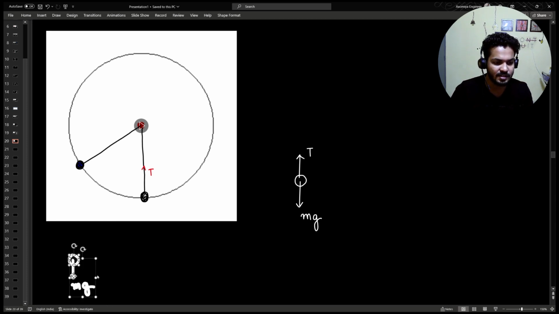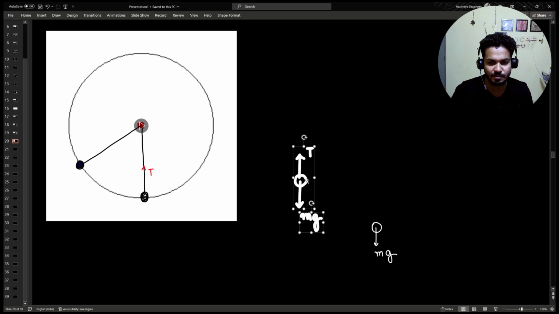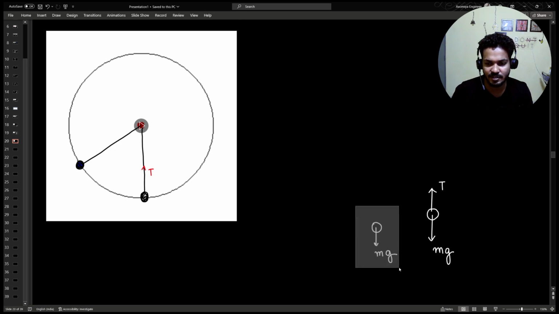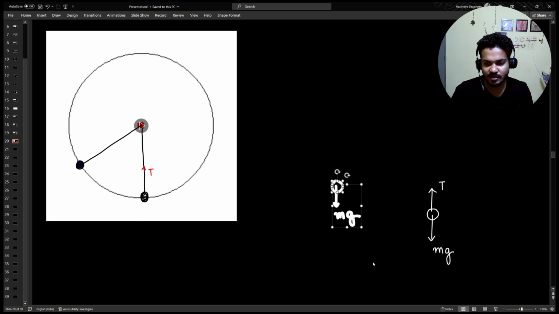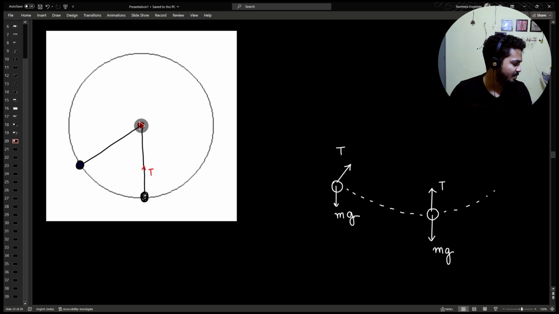It is always acting downwards. So this is the body's location, and this is the circular path. If I make the FBD at that location, you know that the tension has changed. The gravitational force mg's direction does not change, but the direction of the tension has changed.